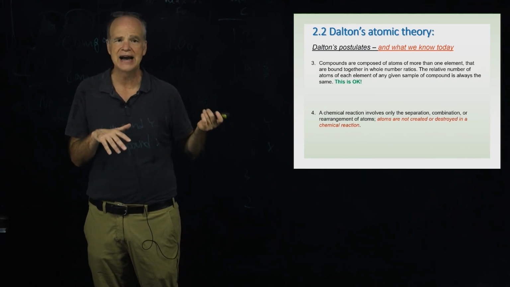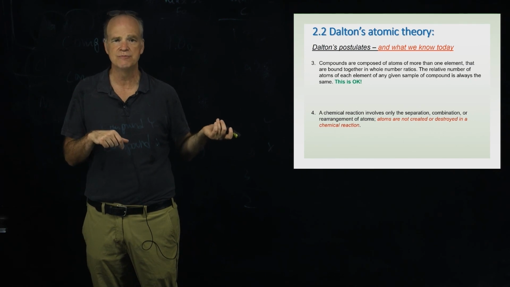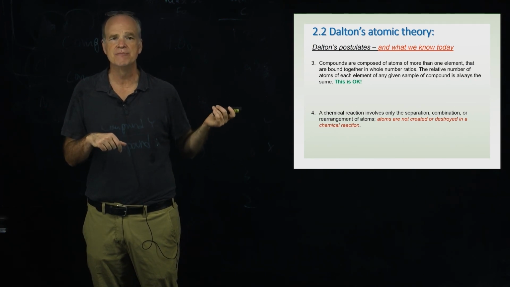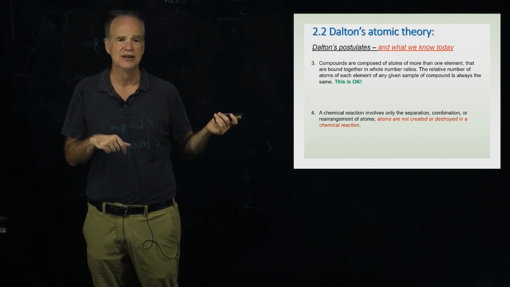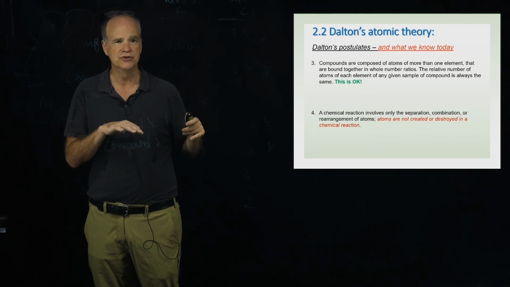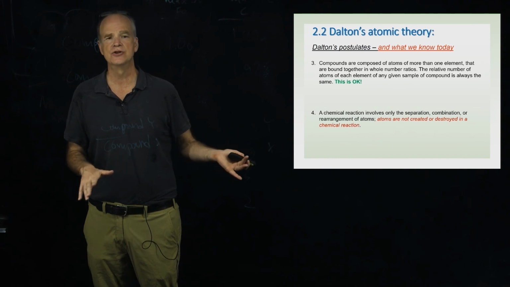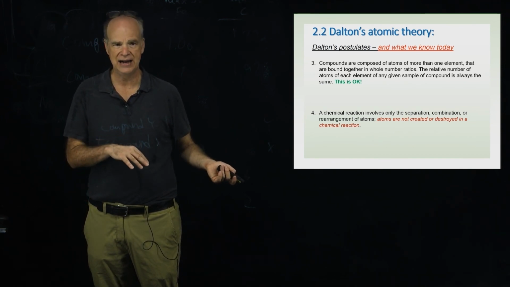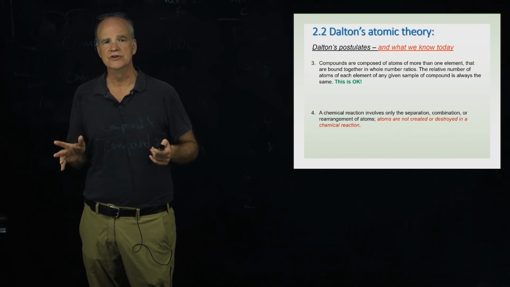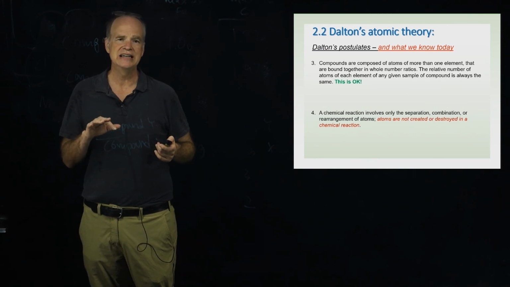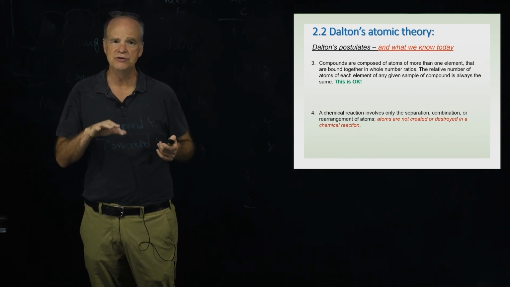But if in fact the products have a little bit less mass, that difference in mass is converted to energy. So those nuclear reactions are pretty rare, and they only occur in, say, nuclear bombs or nuclear reactors. So in conclusion, Dalton was about 90% correct, but you do need to know where he was a little bit wrong.